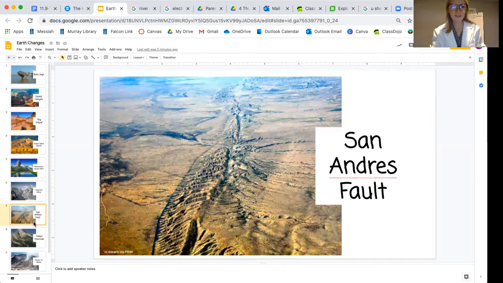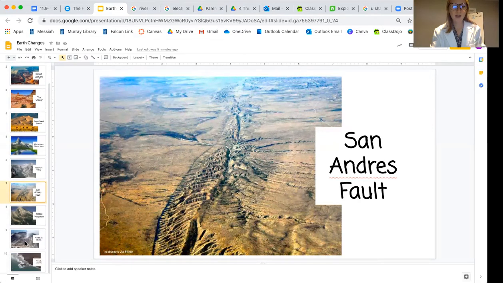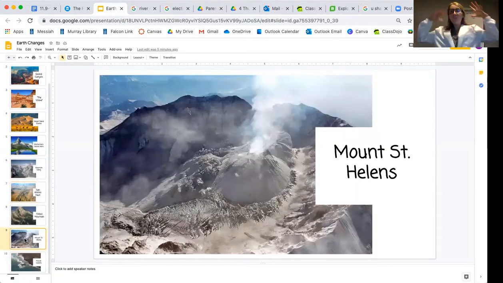Now let's take a look at one of the most familiar forms. A volcano! Volcanoes, we know what those are. That's when there's a huge mountain that has access to lava that sometimes erupts.